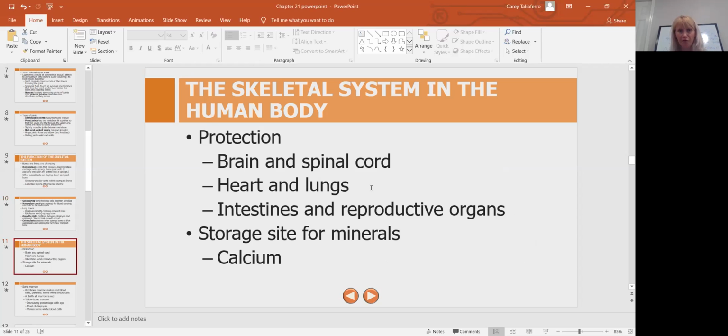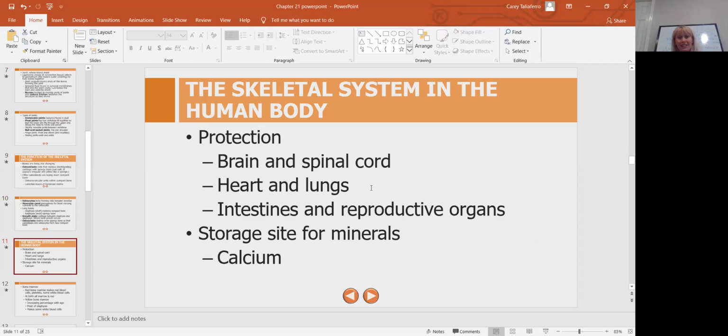All right, so the overall function of the skeletal system. Well, think about how it protects you. Where does it protect you? What are the things that you have bones covering? So if you think about your brain, very important to protect that. So we have a skull. You have your spinal column, your spinal cord that runs within your vertebrae.